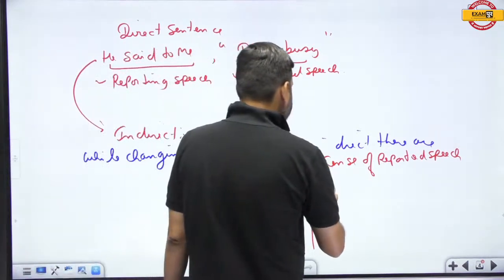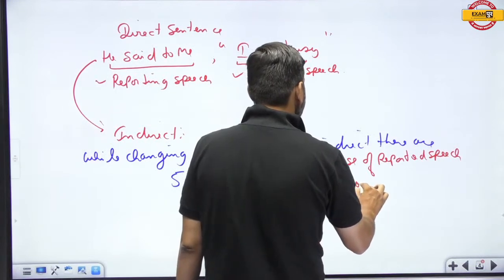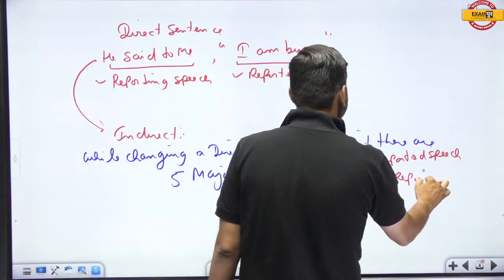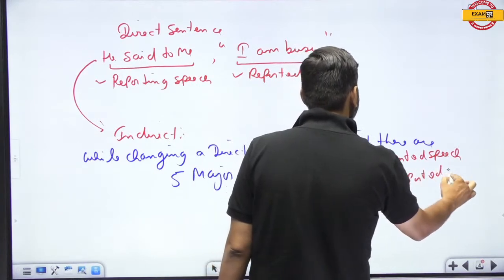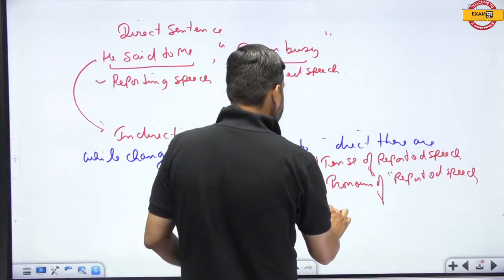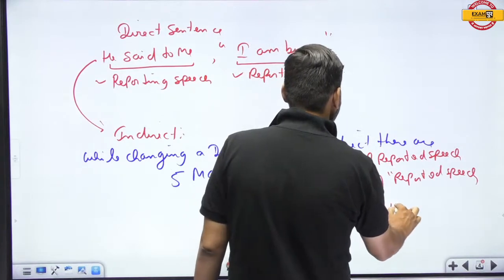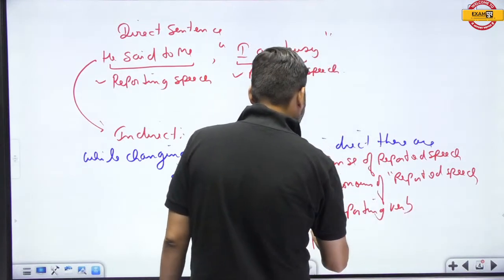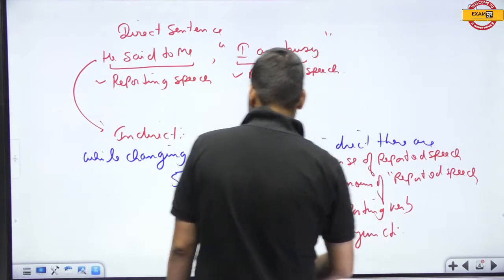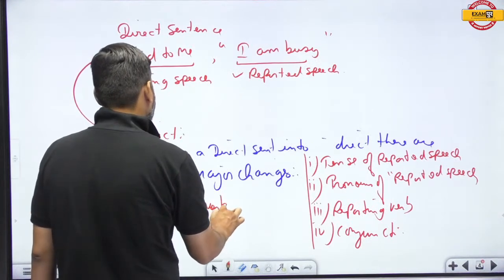So first change is tense. Second is pronouns of reported speech. Third is reporting verb. Fourth is conjunction. And fifth is adverbs.